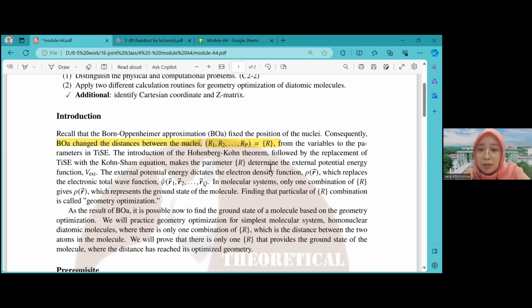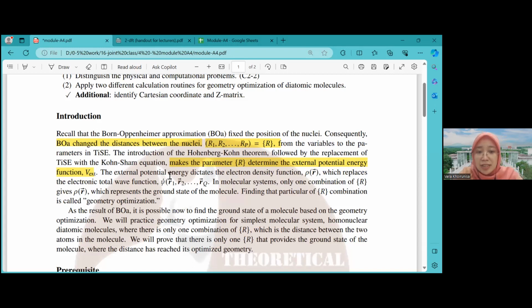This is the first important information. And the second one is that the quantum equation makes the parameter R determine the external potential energy function. Why do we call it V external? Because this is the potential energy that comes from other than electrons, because it's from nuclei, so we call it external.